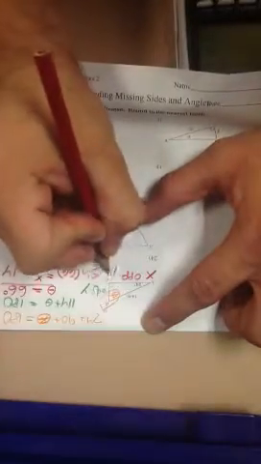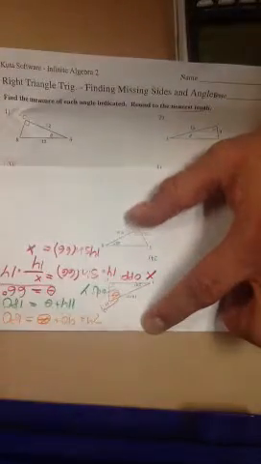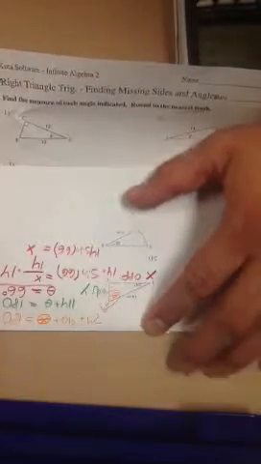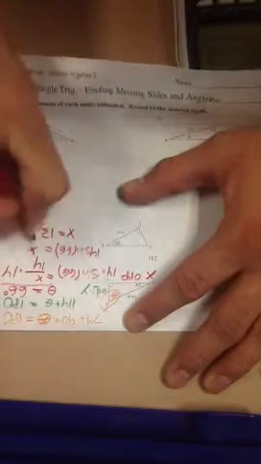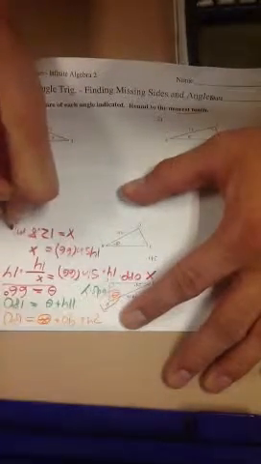So to solve for my opposite side, multiply both sides by 14, and I get 14 sine of 66 is equal to x, that opposite side. 14 sine of 66 would give me the answer of 12.8, remember we're using nearest tenth, miles.